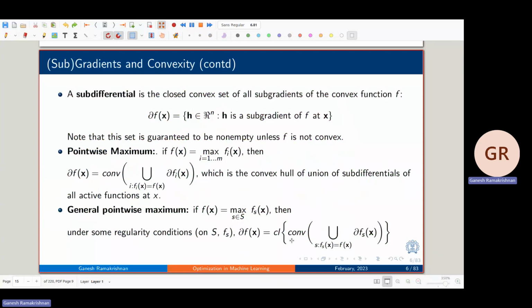So you have a notion of a general pointwise maximum, right? Where you're not looking at an index which is finite. So what's an example of this? Do you recall last class we did this? What is a generalization of this pointwise maximum?